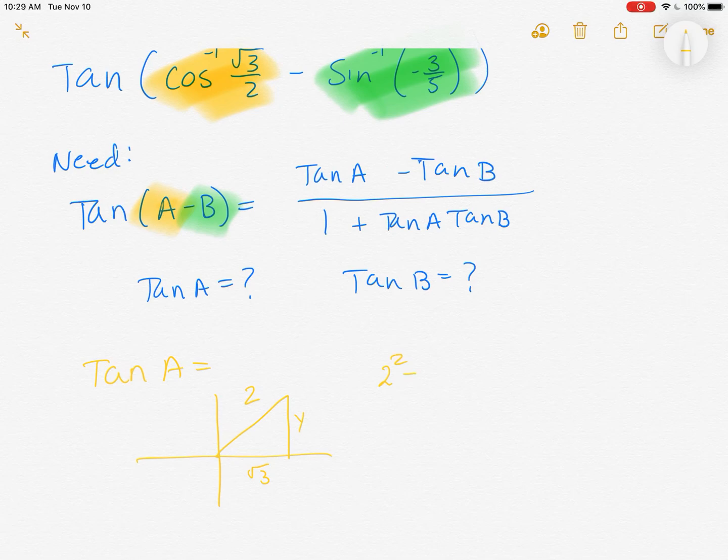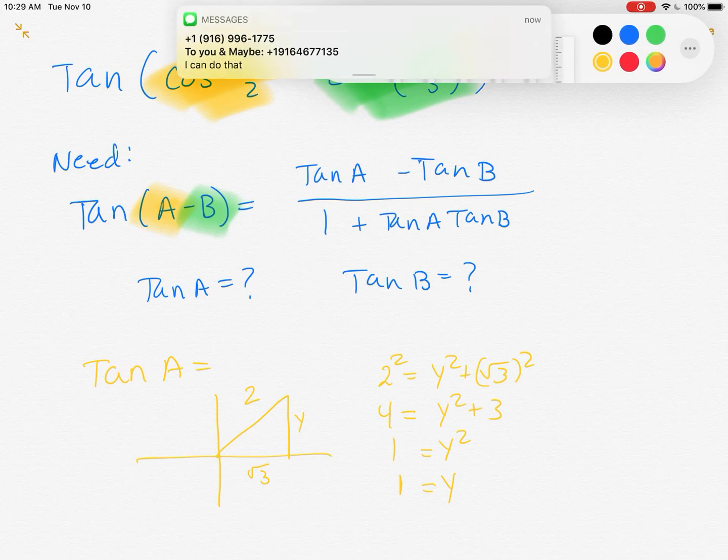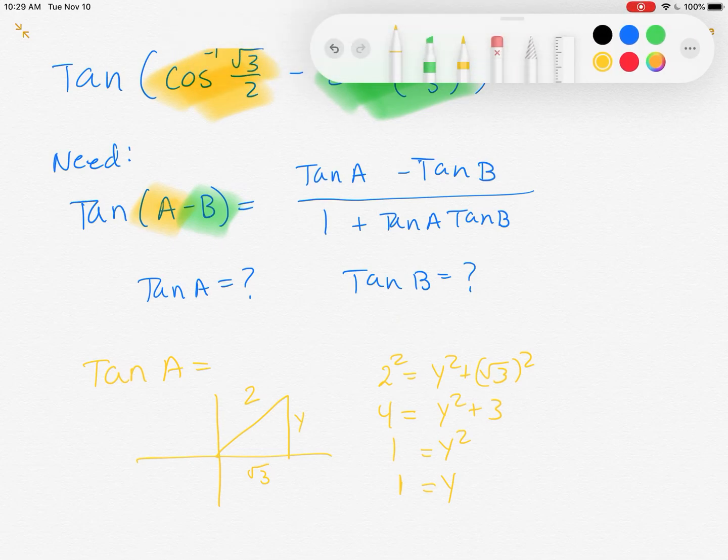We know 2 squared needs to be equal to y squared plus root 3 squared, or 4 needs to be equal to y squared plus 3, or y squared needs to be equal to 1. So y then would be equal to the square root of 1, or just 1. Let me erase this y.